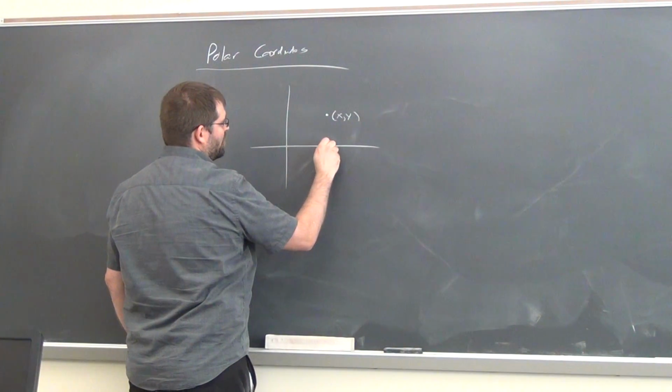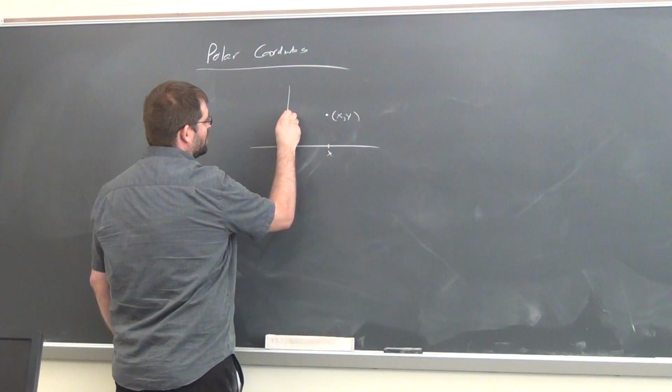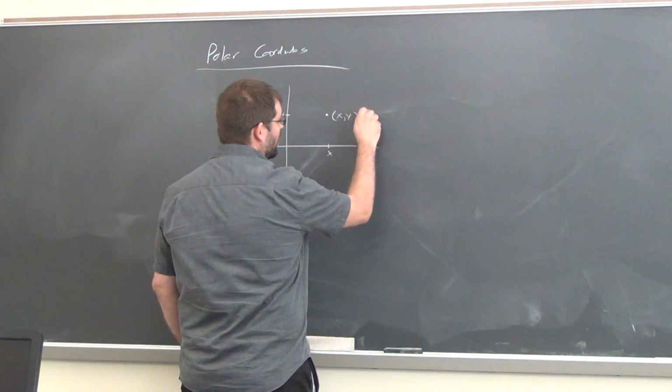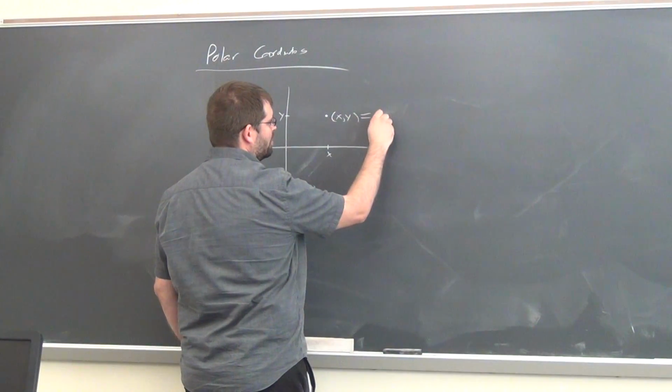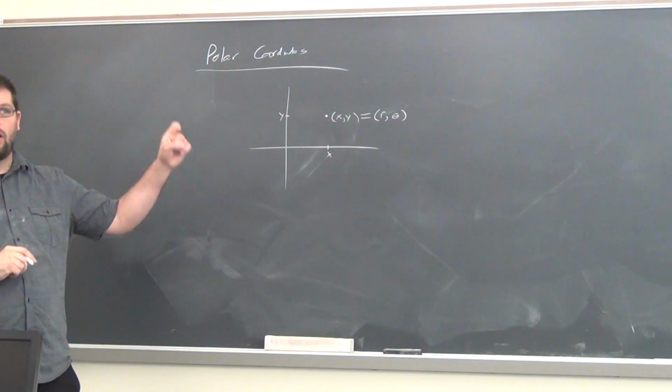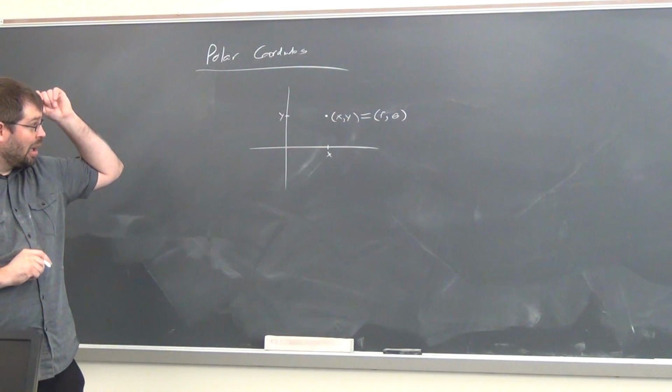So points in space you can represent by x, y as we're used to. That's rectangular coordinates. In polar coordinates, I'll say equals here, but be careful with what that really means. That point can also be represented by r, theta in polar coordinates. What does the r represent?